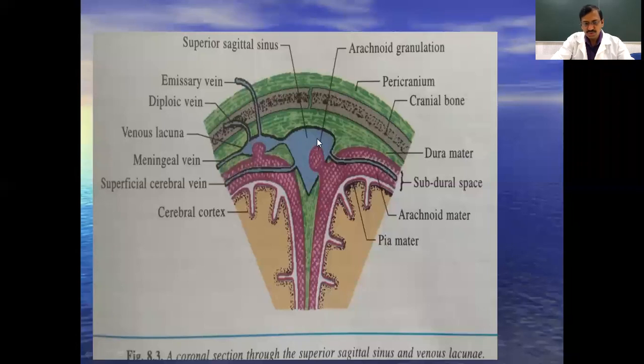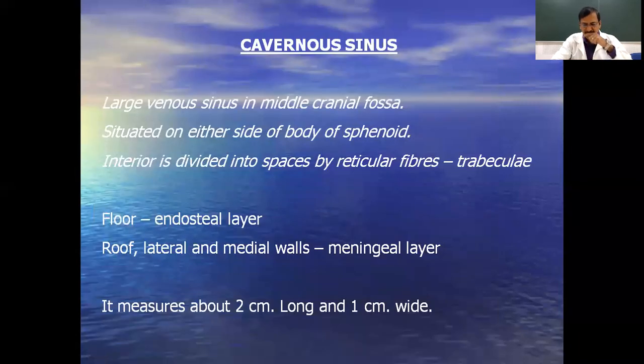That is why the superior sagittal sinus is very, very important clinically. Okay, next, coming to another sinus, that is the cavernous sinus. This is also very, very important. Why is it called the cavernous sinus?